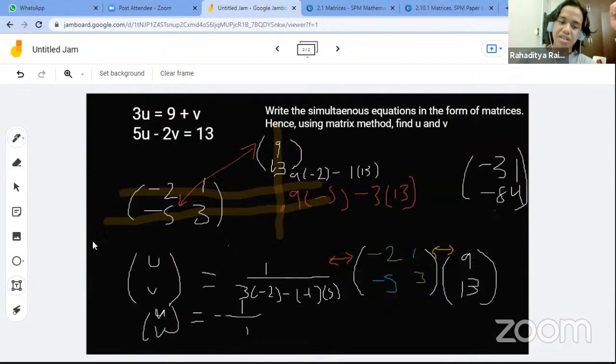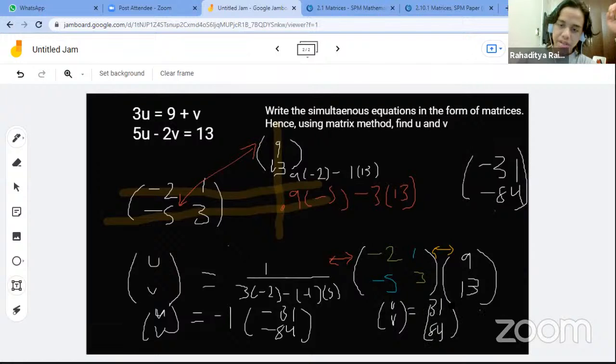Yeah, okay, actually, no, that's correct. So you just get -1 because it's just -1 over 1. You'll get -1, -31, and -84. And your final answer will be UV is equal to 31 and 84. And your U will equal 31. V will equal 84. And that's basically your final answer.